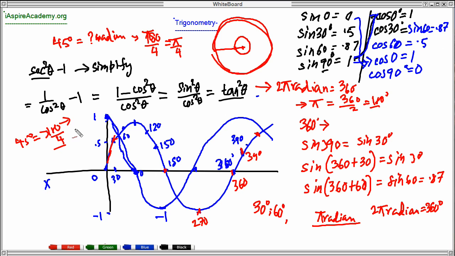And 180 degree is, as we know, pi radian. So pi by 4 radian. Like that, you can say 60 degree is equal to pi by 3 radian. So I think that's pretty much the trigonometry we have, and I'll try to see if we can solve a few more difficult problems.